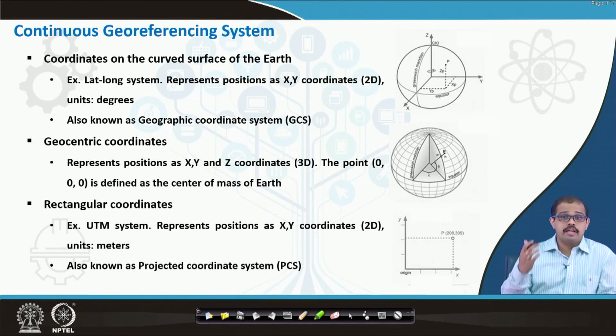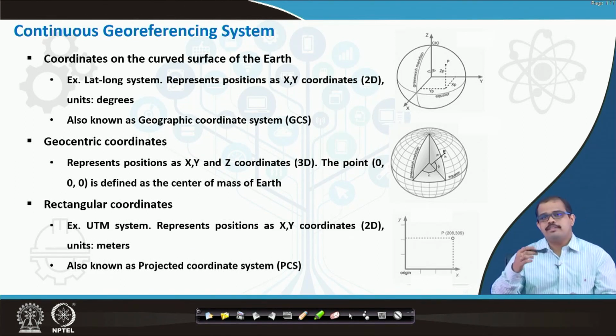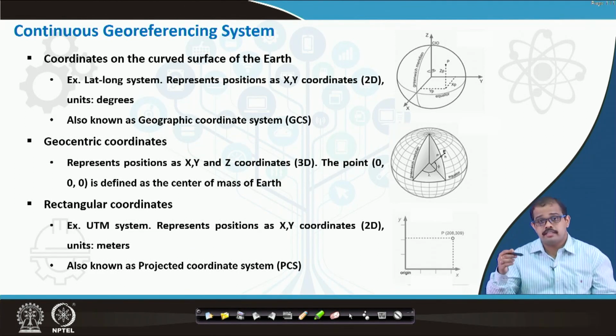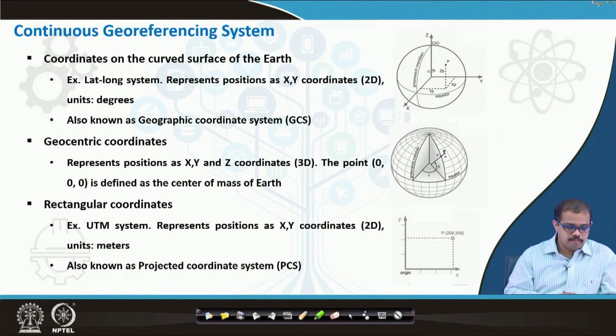Then you have rectangular coordinates. For example, let us say UTM, the Universal Transverse Mercator system, which represents the position as xy coordinates, but its units are in meters. This is extremely easy for us because it helps in easily calculating distances, etc. One of the systems is called the UTM coordinate system.